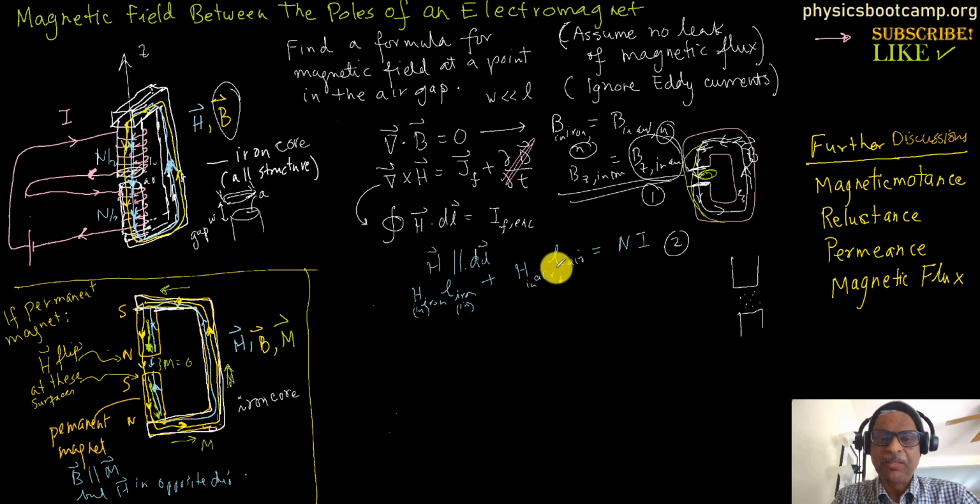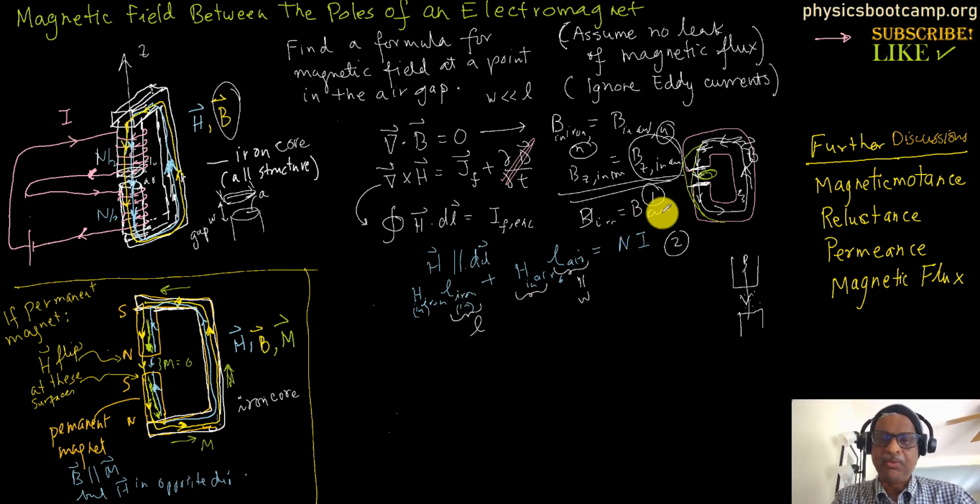So this is just W, and this is the entire L of the core. H in air, this Hz, is basically related to B in iron, because B is going to be all along this direction, and so B in air.